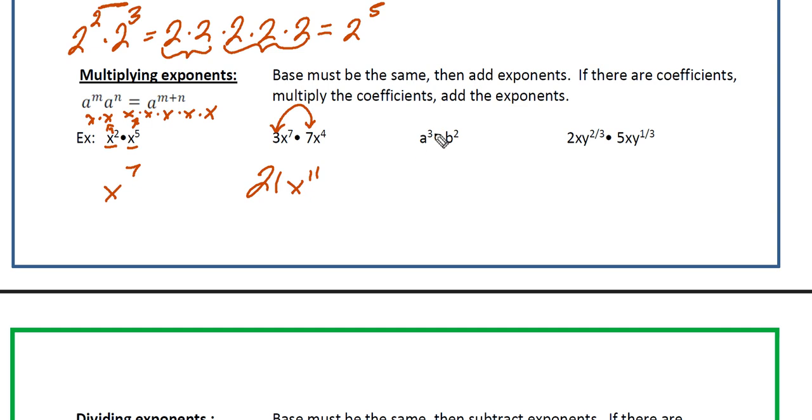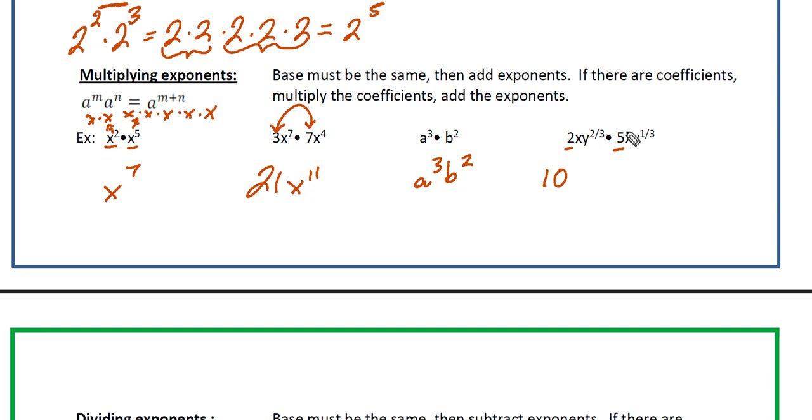This one, the base isn't the same. So we can just rewrite it if we so choose as a cubed b squared. It's implied that this is multiplying there. We don't need that dot. And the next one, multiple things going on. We've got the coefficients that we can multiply. 2 times 5 is 10.